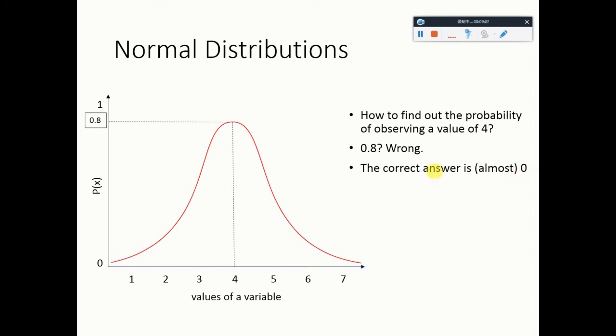You may say, well, how come? You might say that a very large or very small value is close to 0, but there's no way that finding a value of 4 is 0, because you do have a height. You do have a difference, for example, between this point and this point.